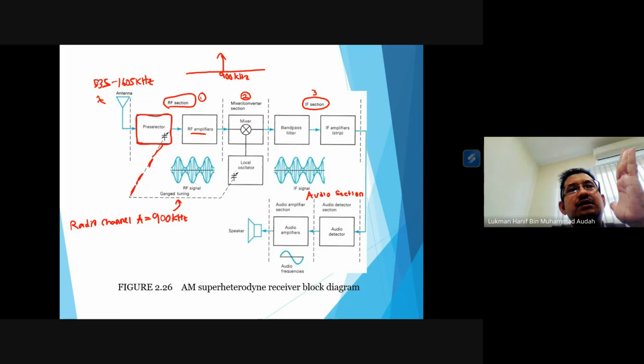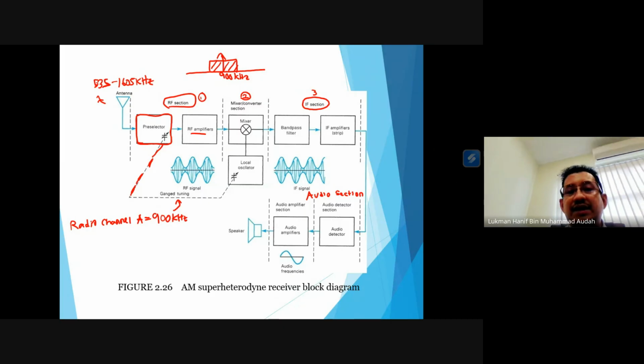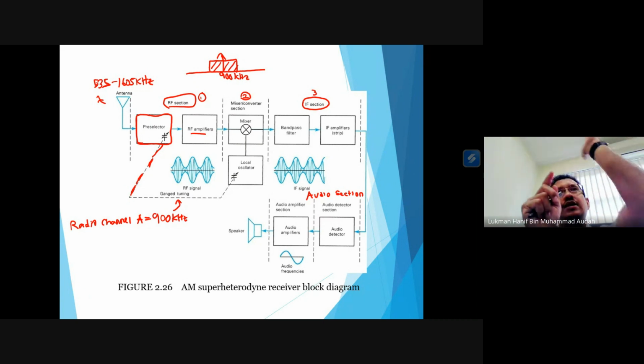The pre-selector will make 900 kilohertz the center frequency, and we're going to have this limited bandwidth of frequencies centered at 900 kilohertz. If you have a car radio, for example, and you tune your radio to 900 kilohertz, you are giving the instruction to the pre-selector to make sure the center frequency is 900.